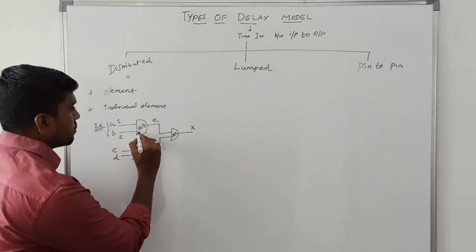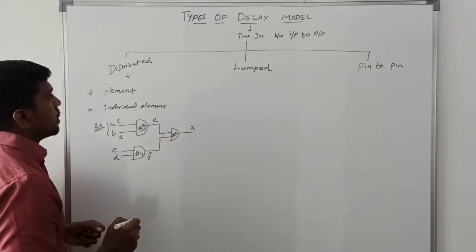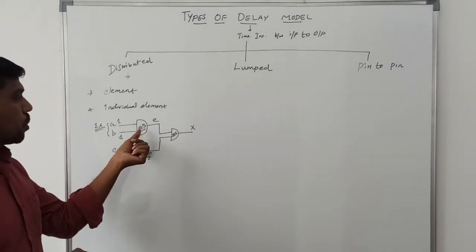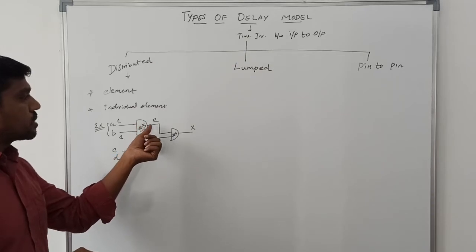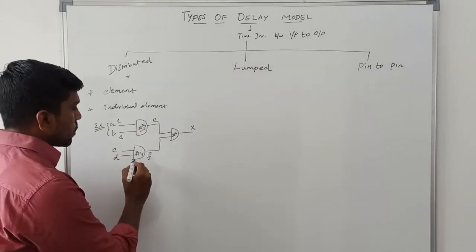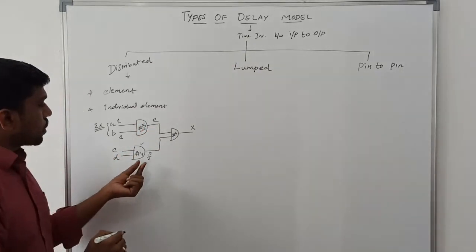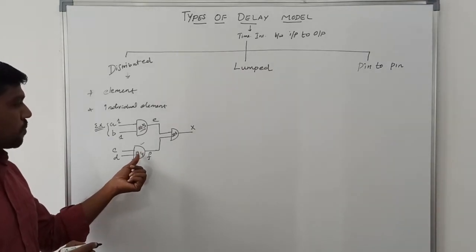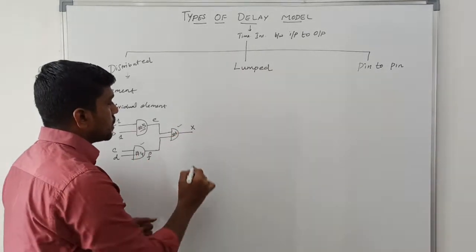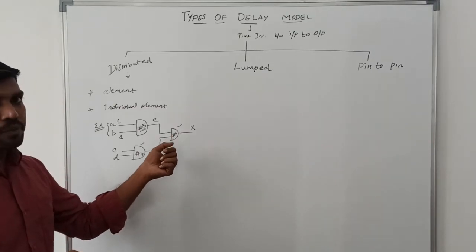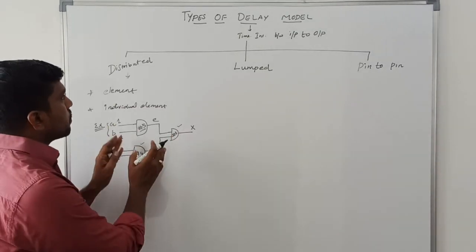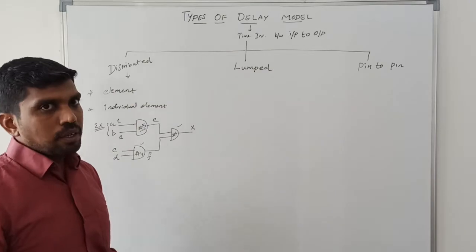It will take some time. So it's a distributed delay. After 5 only, the gate releases the output. Likewise, the second and third elements also release the output after the specified delay. It's a simple logic circuit for distributed delay.